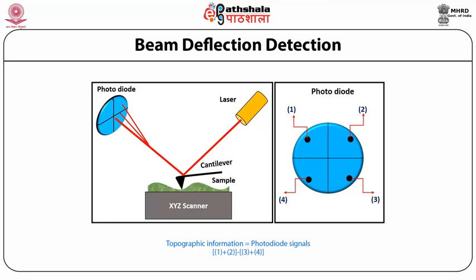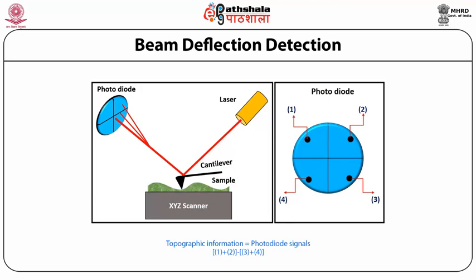The probe of the AFM scans the sample, and the readings for the displacement of the cantilever are collected by the photodiode through a laser beam reflected from the back of the cantilever. The photodiode is divided into 4 parts as shown in figure 10.